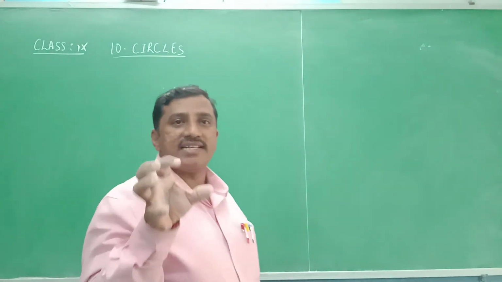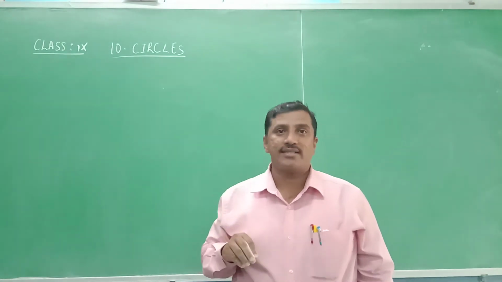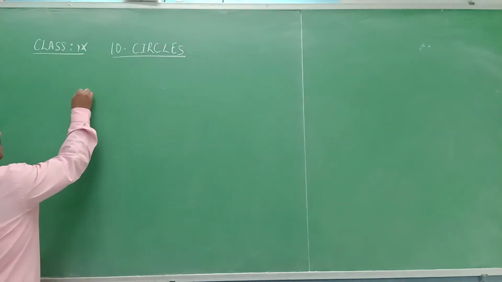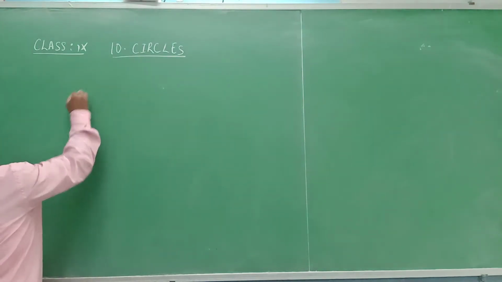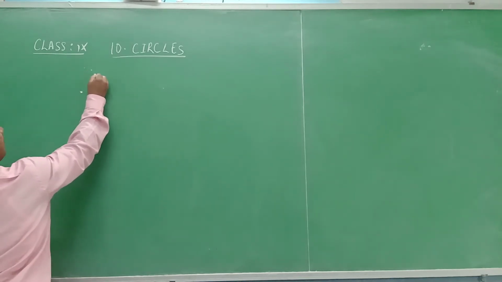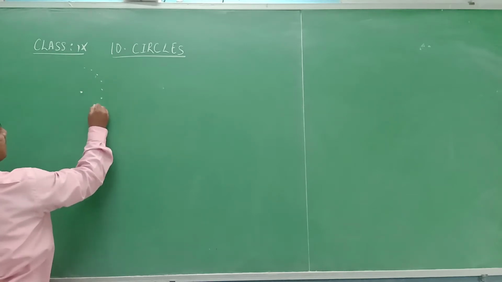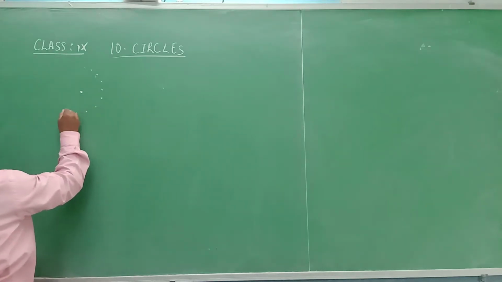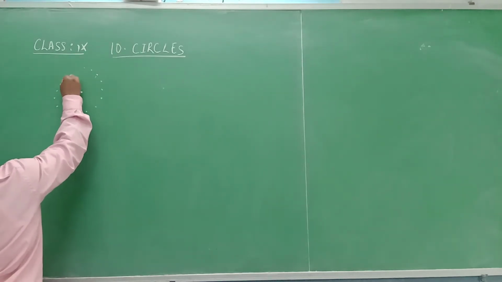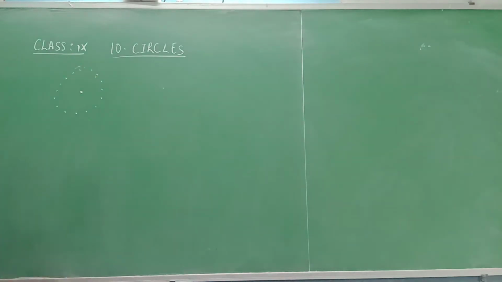That fixed distance is known as the radius of the circle, and that fixed point is known as the center of the circle. You see here, this is a fixed point. From this fixed point, a set of points at a fixed distance, meaning equal distance, a group of points which are equidistant from a fixed point.